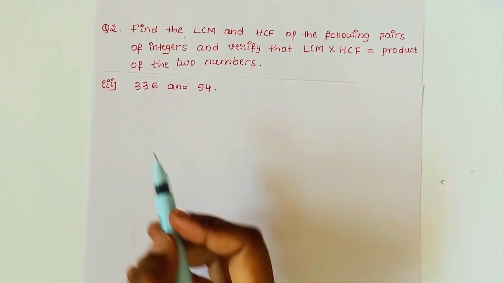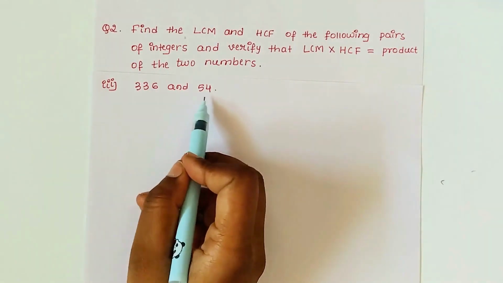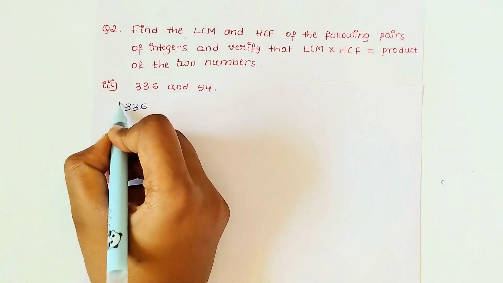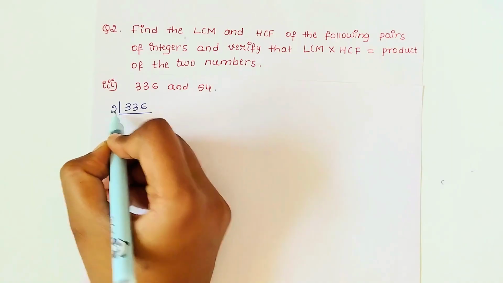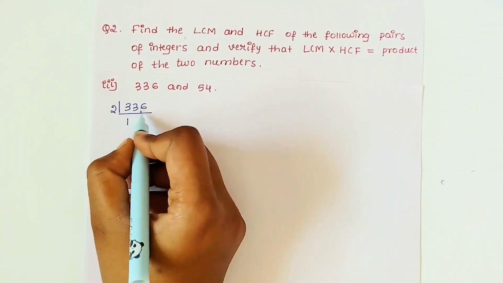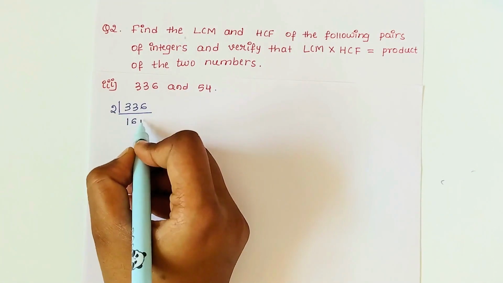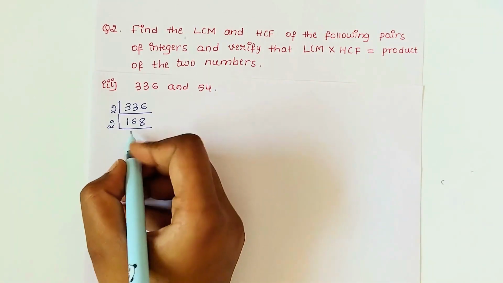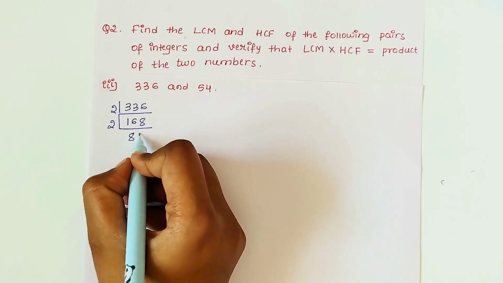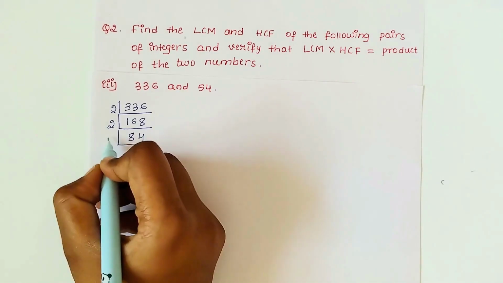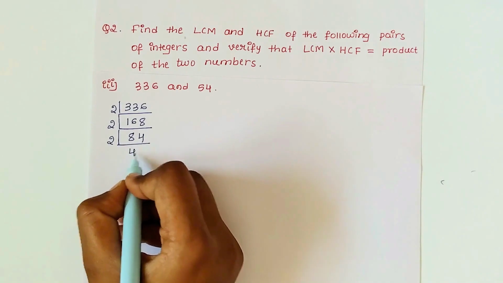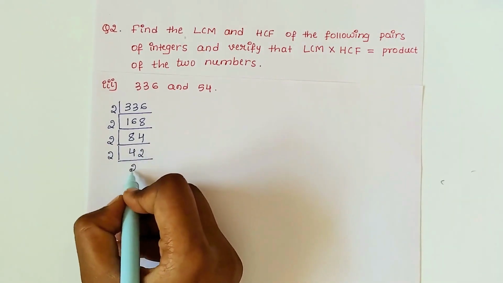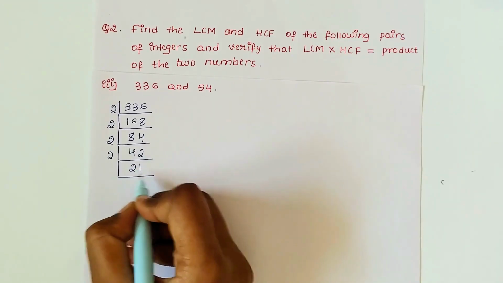So the third question is 336 and 54. Again, get the factors for 336. Start with 2. Take down 2, then again 2, and next consider 2 again.